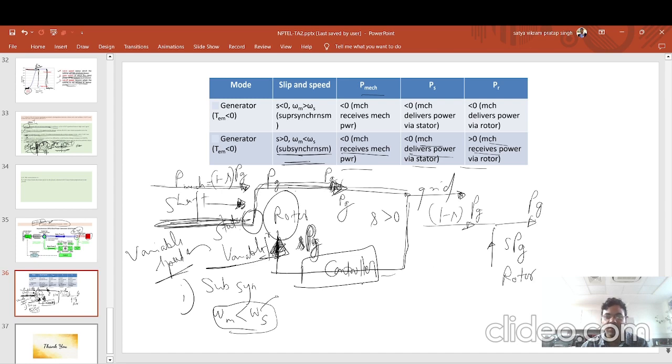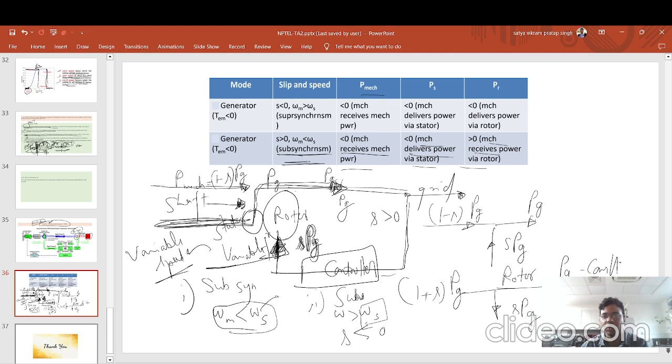If you see the supersynchronous case, at that point omega is greater than omega s, and s is less than 0. It means that 1 plus s times Pg will be generated, because the speed is more than what is desired. So SPG should go out of the rotor, and Pg is kept constant to go to the grid side.